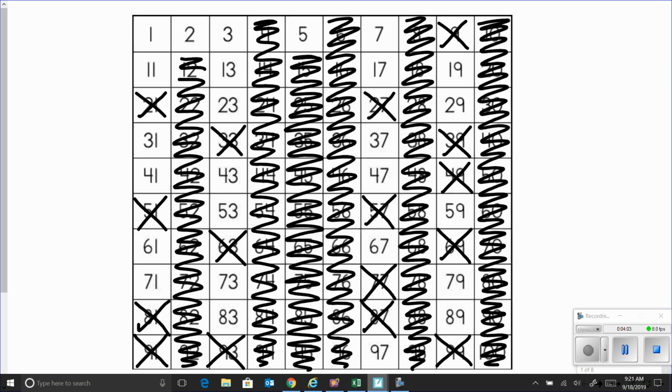Any number that we have crossed out is not a prime number, and it is actually known as a composite number. So the numbers that are left on the page are our prime numbers. The numbers we crossed off are our composite numbers.